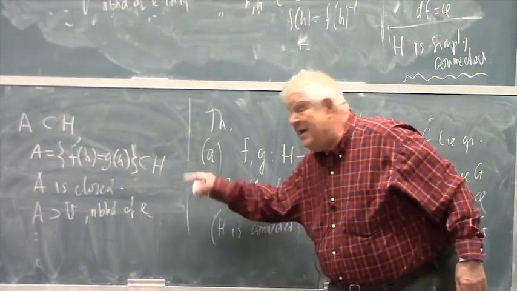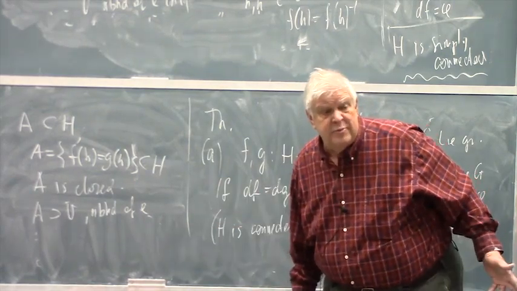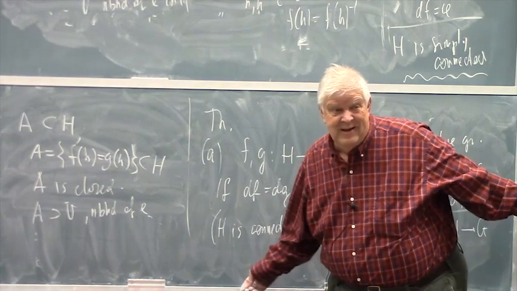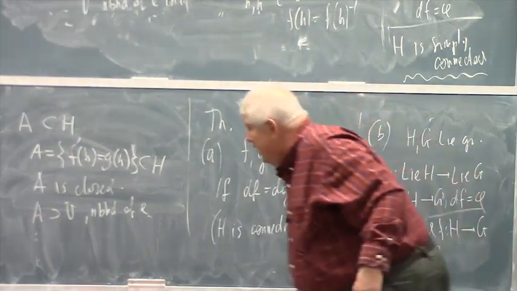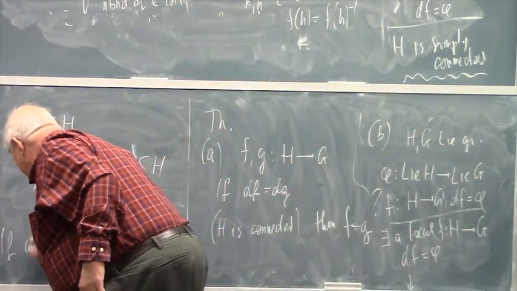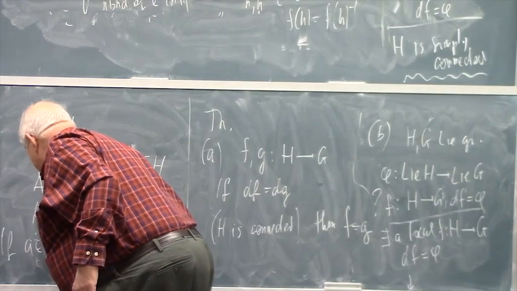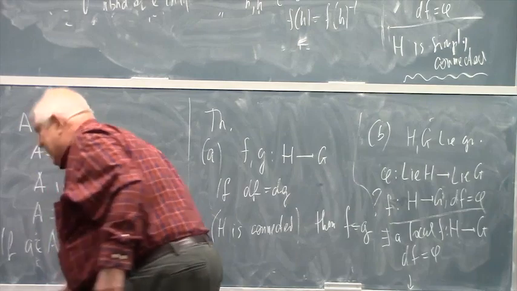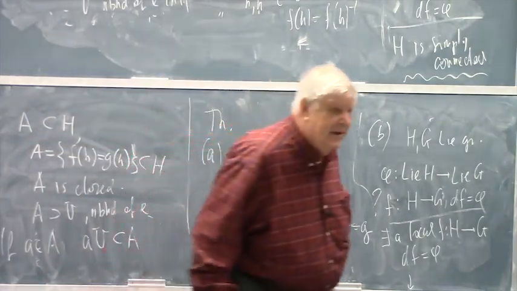Also, actually, A should be closed with respect to multiplication, right? Two homomorphisms. So if A is contained in A, then AU is contained in A, right?